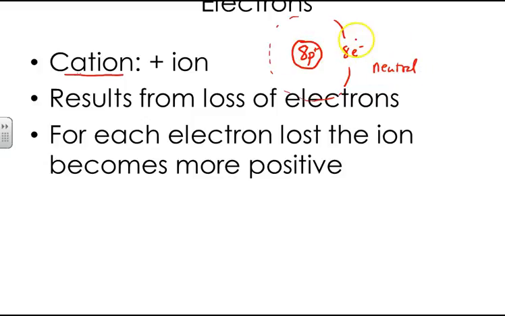However, if this atom loses some electrons, if it loses 6 electrons, then we have 2 more positives than we have negatives. So positive 8 plus a negative 6 equals a positive 2. So the overall charge of this cation would be positive 2.